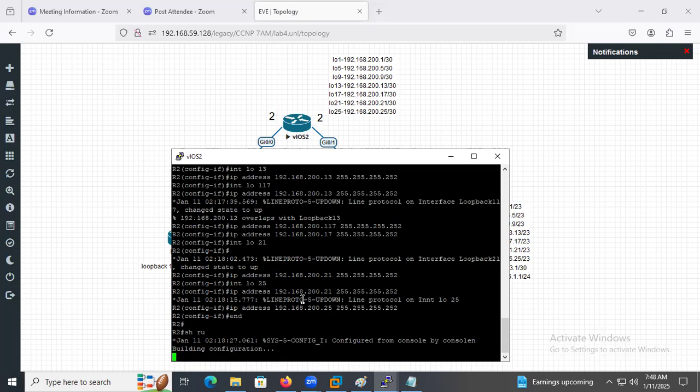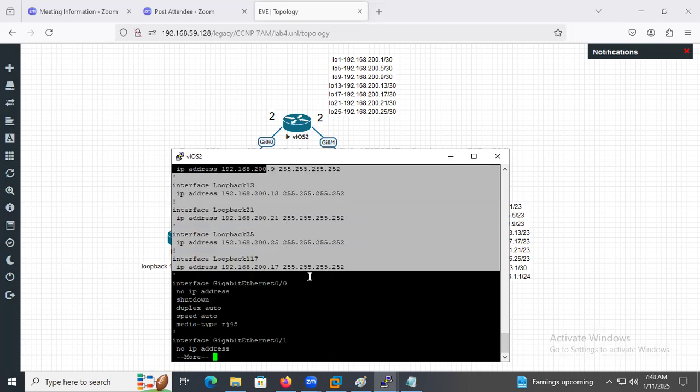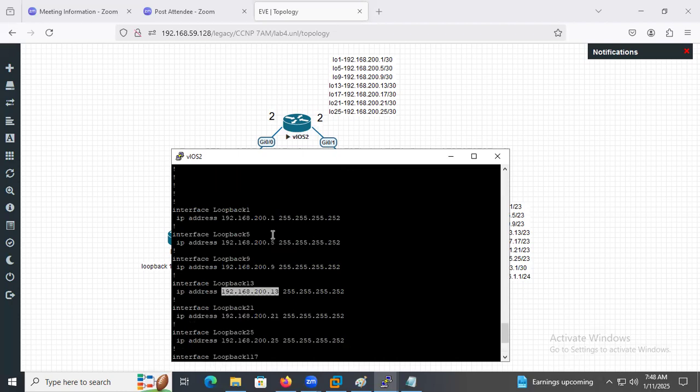So we have all the loopbacks created: loopback 17, 25, 21 and all that.